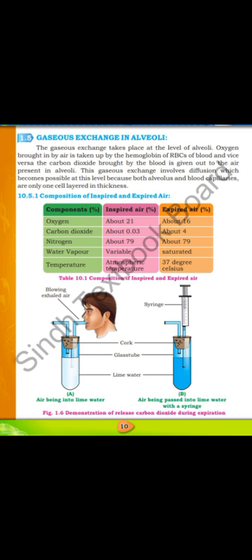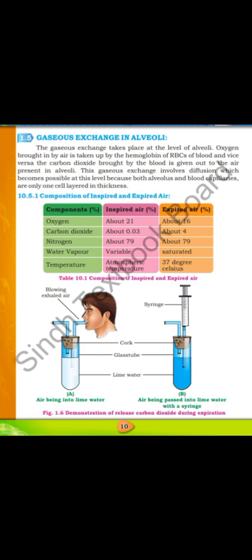As you know that gaseous exchange takes place at the level of alveoli, and the oxygen brought in the air is taken up by the hemoglobin of RBCs of the blood, and the carbon dioxide brought by the blood is given out to the air present in the alveoli.